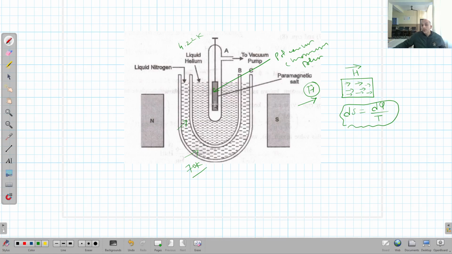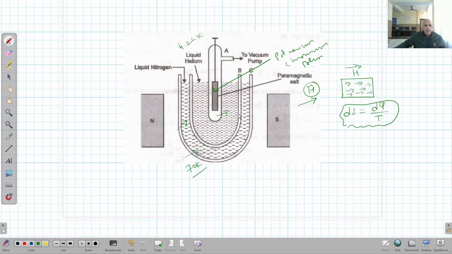So then what we will do, initially this vacuum pump is switched off, it is not on. Clear? When this entire process was taking place, this was in off position. It means there is some air inside this tube. So the heat produced here due to the magnetization of this paramagnetic salt will be transferred to this liquid helium.